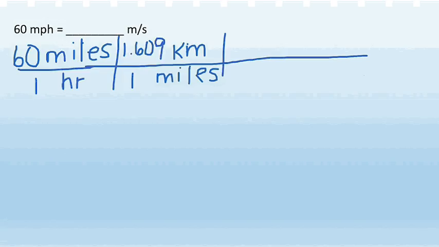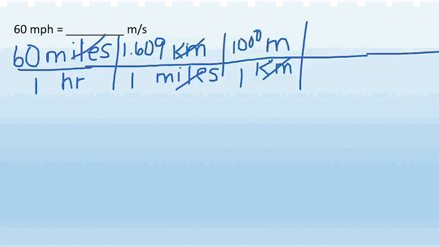If I canceled it out now, I would have kilometers per hour like before, and I want meters. So that means I have to get rid of those kilometers and convert them into meters. So 1 kilometer is 1,000 meters. Kilometers cancel out, and I have my meters up on top now, which is what I need for my unit of distance conversion, so I'm all done.